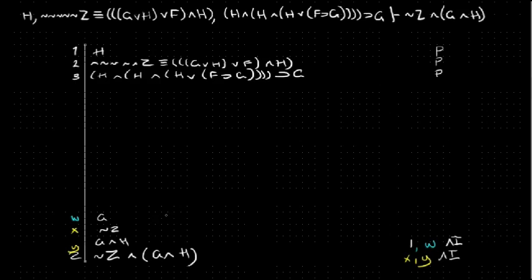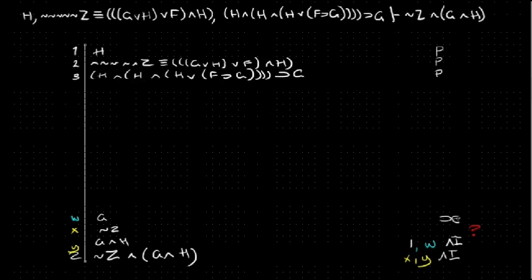Now, as I did before, I'm going to concentrate on deriving G, and then I'm going to return to looking at how I got Z once I've completed that particular part of the proof. So, how might we have gotten G? Well, looking at our premises, it's the consequent of this conditional on line 3.